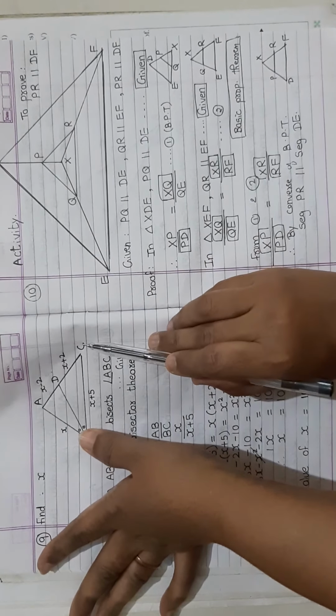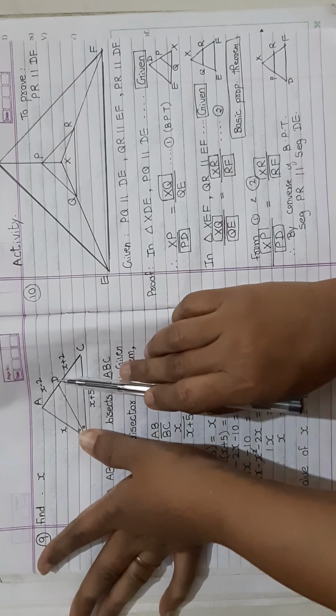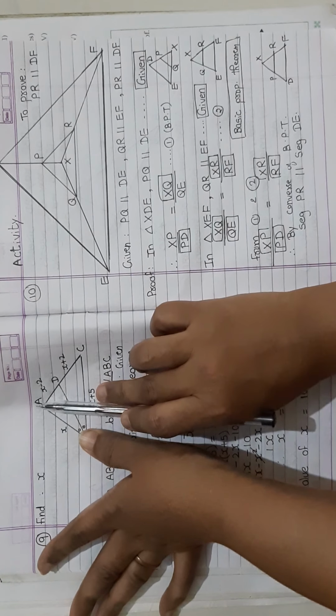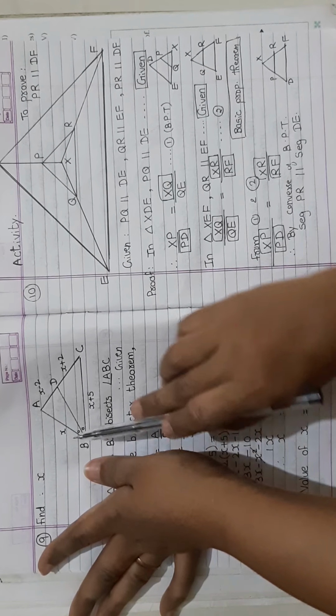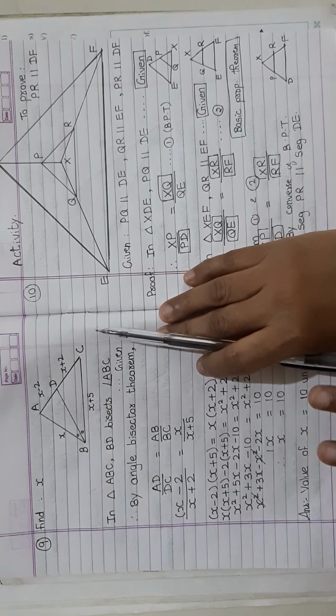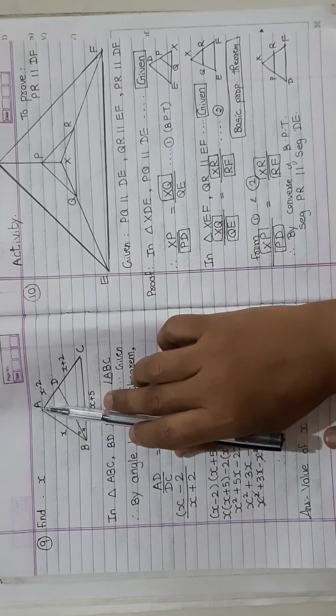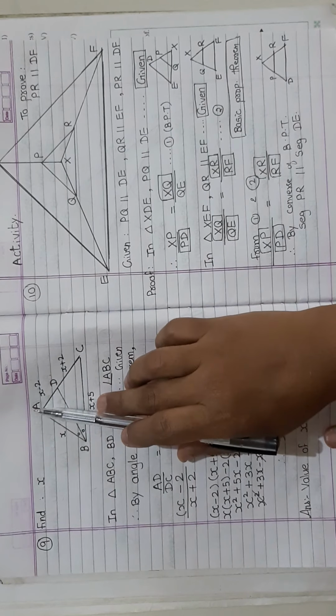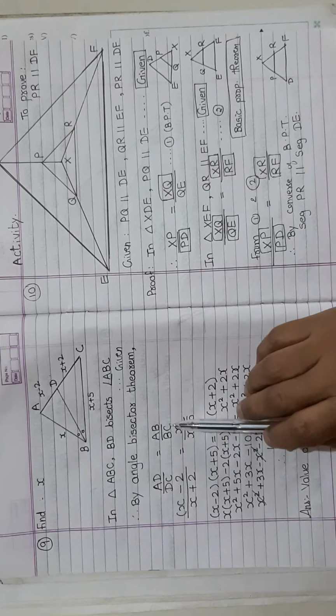If you start from C, you will get CD upon DA is equal to CB upon BA. Anyway, the final answer will be the same. So here I have started from A and got AD upon DC is equal to AB upon BC.